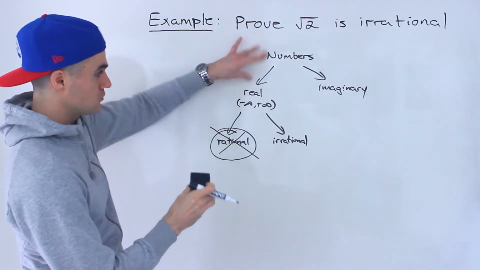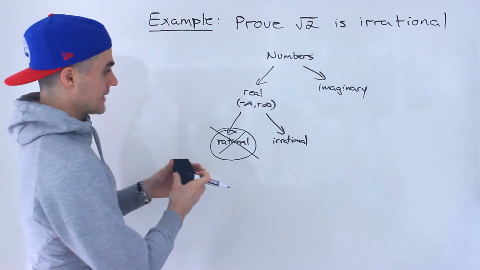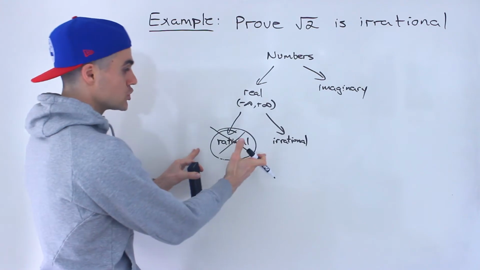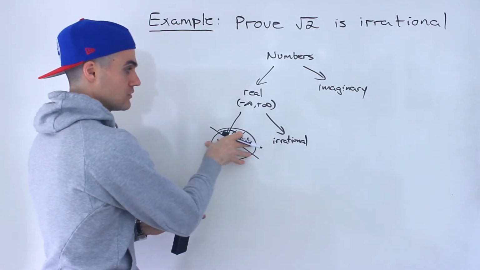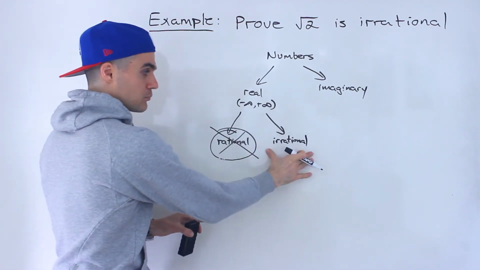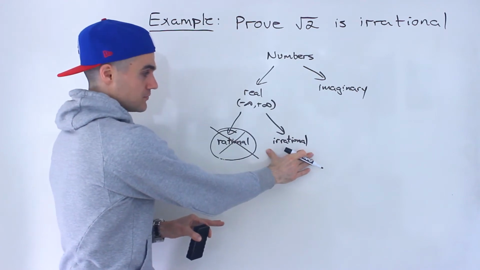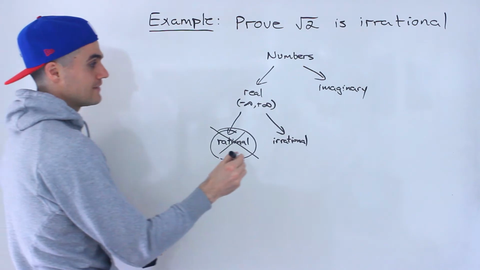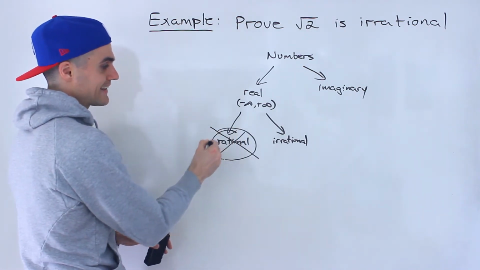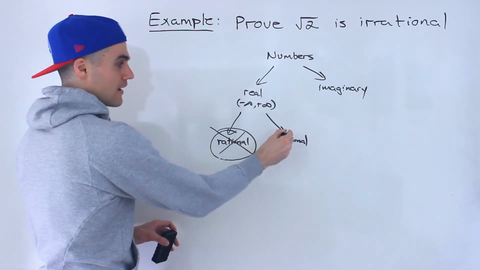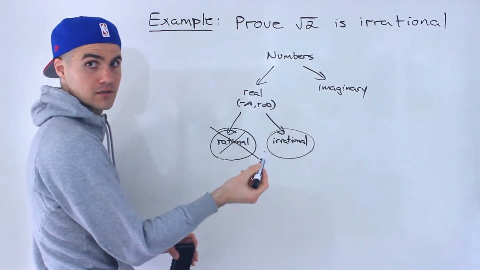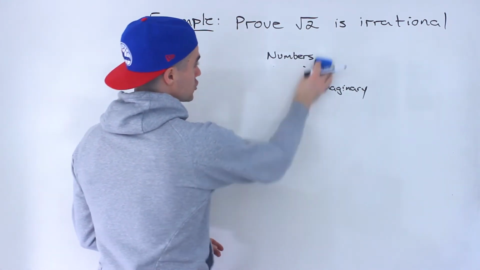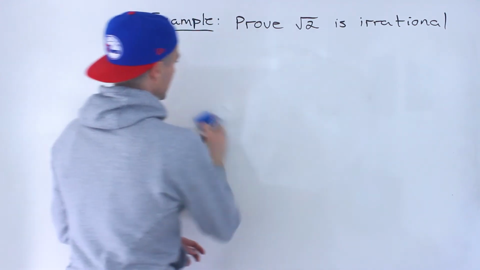Because we know root 2 is a real number, and a real number is just one of these two categories, if we can show that it's not rational, then indirectly we prove that it's irrational. That's what we're going to do in this proof. We're going to show that it can't be rational, and therefore it has to be irrational. So it's an indirect proof, or a proof by contradiction. That's another name for it.